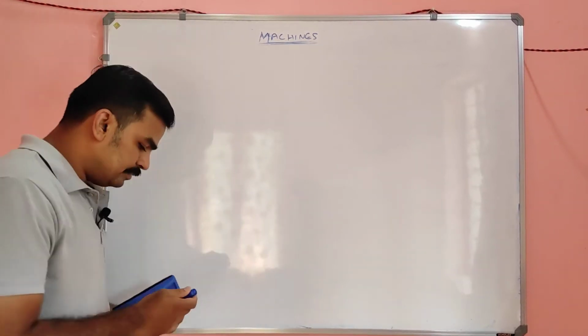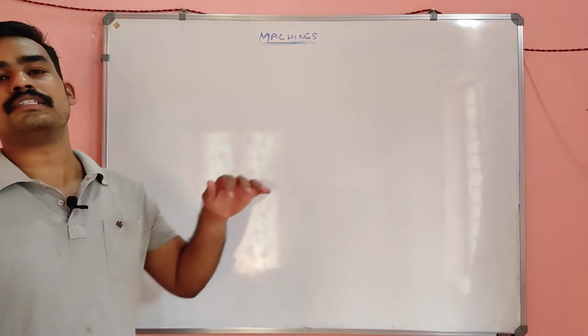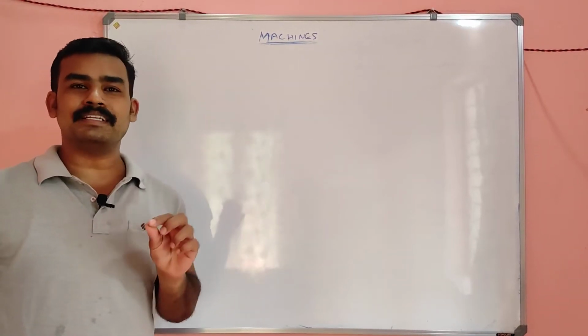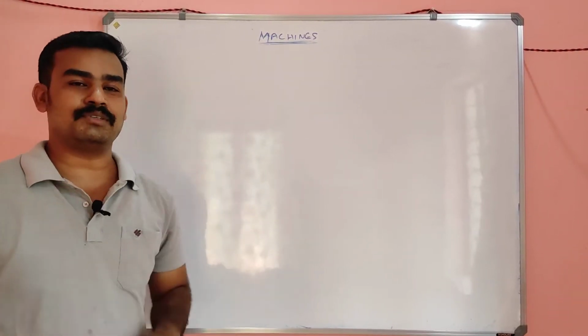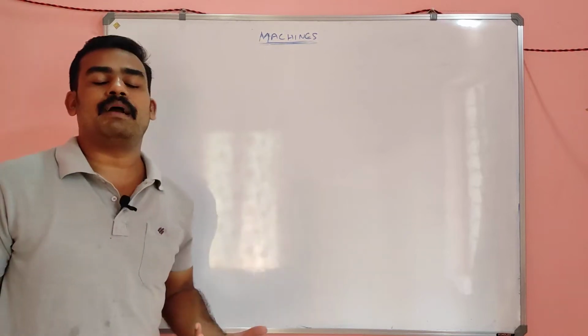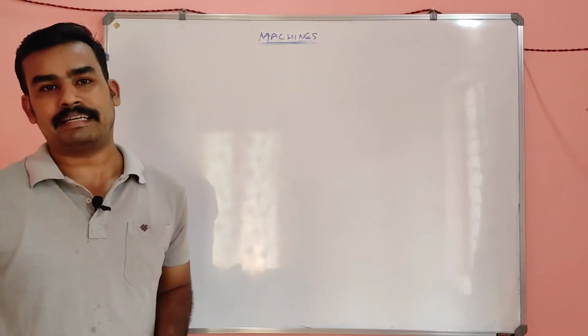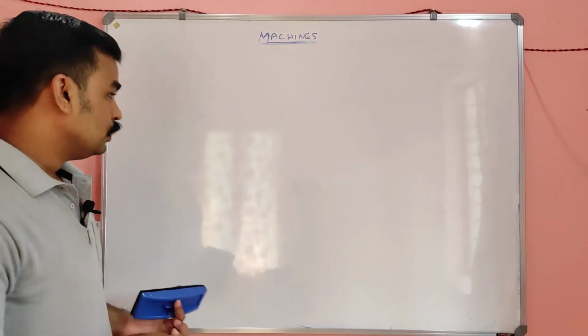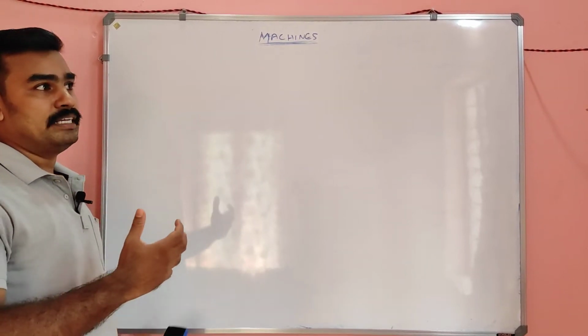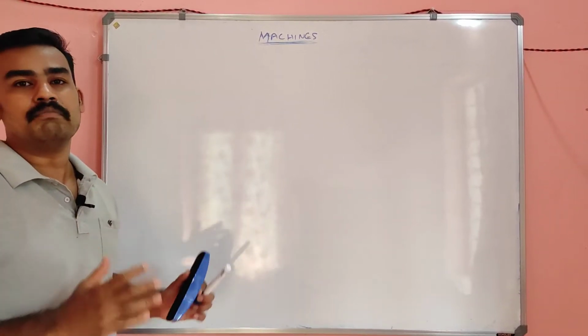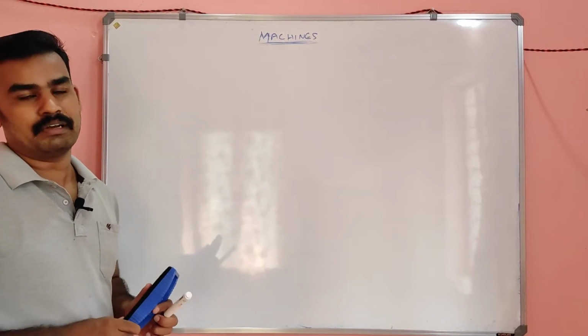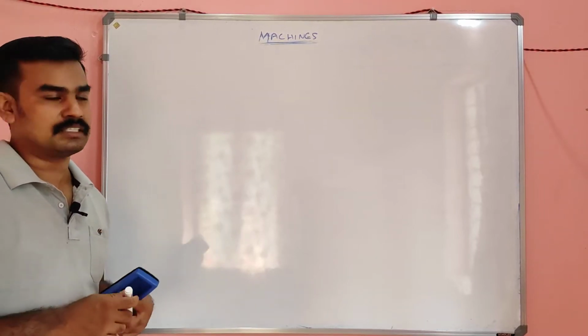To make the power factor move towards unity, we did some adjustment in the excitation. So excitation plays a vital role in the control of power factor in an alternator. Alternators are a very important machine.